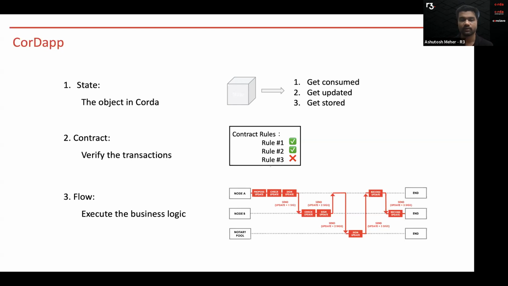So you have certain steps that you want to follow in a particular business process, and those are written as part of the flow code that you would write. And finally, when that flow happens, you would say that a particular transaction has occurred. So these are the three parts which come together and build your CorDapp.